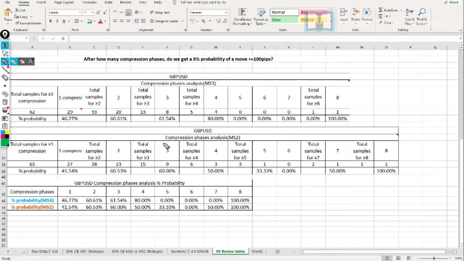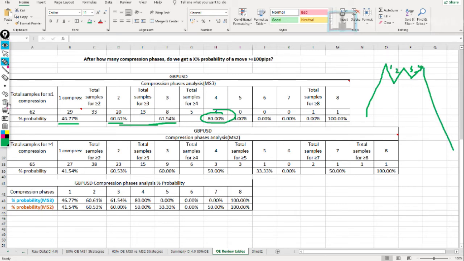So the first thing we are looking at is that there's only a 46% probability for it to go more than 100 pips after the first compression, 60% after the second, 61% after the third, so more or less they're similar, but you see it shoots up to 80% after the fourth compression. If it compresses four times, and the compression must be defined, here we said less than 100 pips, then usually 80% of the time it will break out.